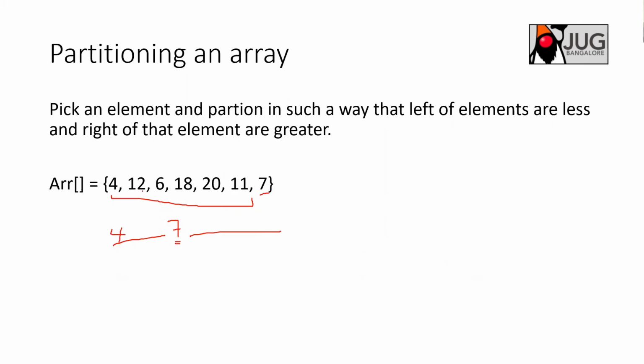You compare with 12, it is greater, just ignore it. Compare, then you place 6 here, and you compare 18, you just ignore, 20, ignore, 11, you ignore. Finally you found that all left elements are properly placed, and then you increment the index and place this 7 at that place, and the remaining elements you just copy, like 12, 18.